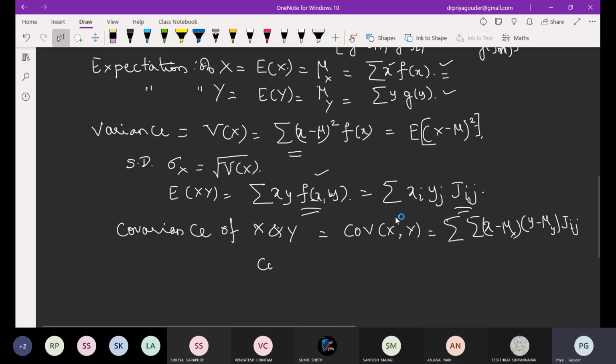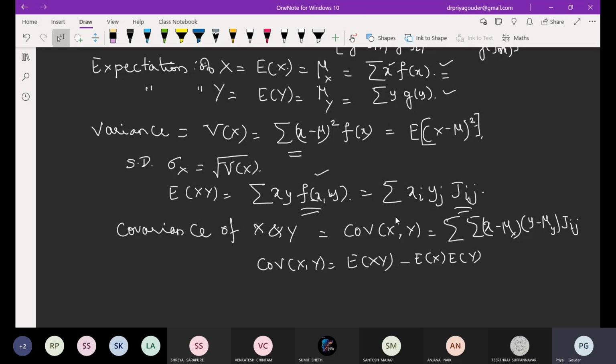This is the actual definition. If you simplify, it is nothing but expectation of xy minus expectation of x into expectation of y. So covariance is defined in terms of expectation.